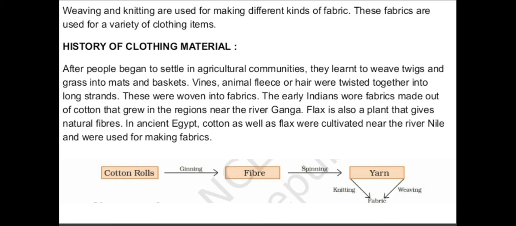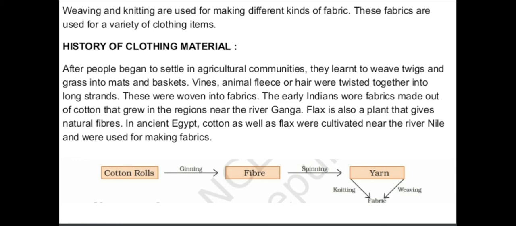The early Indians wore fabric made out of cotton that grew in the region near the river Ganga. Flax is also a plant that gives natural fibers. In ancient Egypt, cotton as well as flax were cultivated near the river Nile and were used for making fabrics.